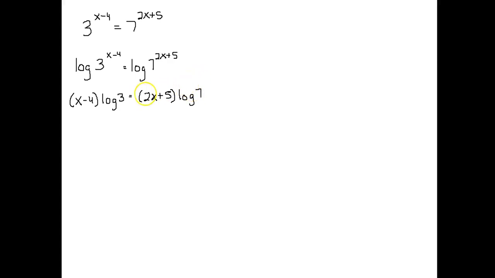Interesting. Now, log 3 and log 7, again, are just numbers. So you have x times log 3 minus 4 times log 3 equals 2x times log 7 plus 5 times log 7. Let's see. Subtract the x's. Decide which I want to do. I think I'm going to subtract 2x log 7 from both sides.